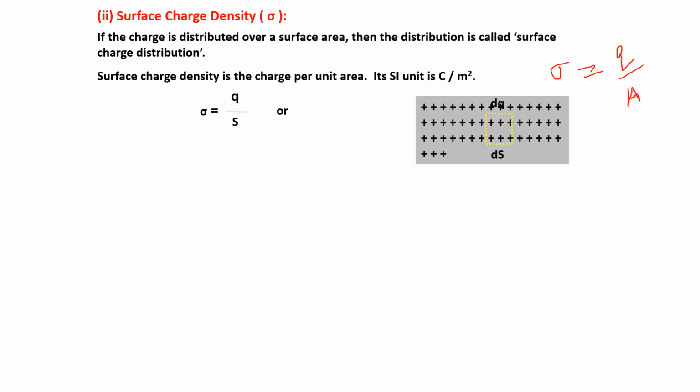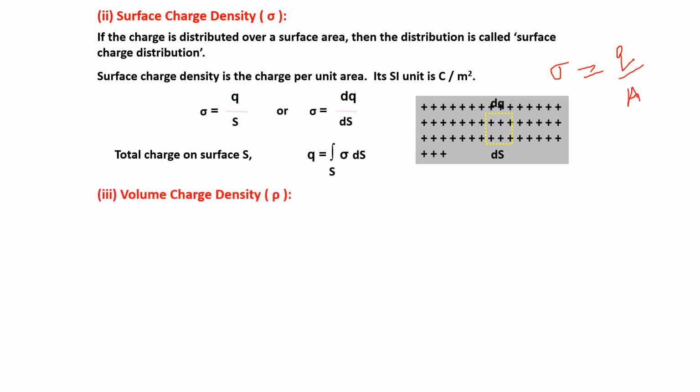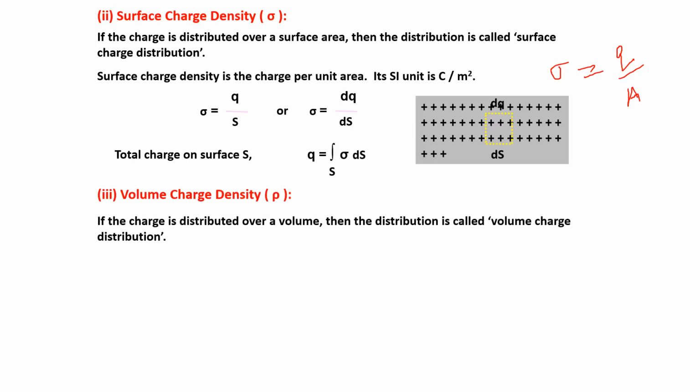Now volume charge distribution. When the charge is distributed over a volume, its unit is Coulomb per meter cube. It is denoted by rho equal to q upon v. Suppose that this is the volume and we consider a small portion of it. The charge on this portion is dq and the volume is dv.